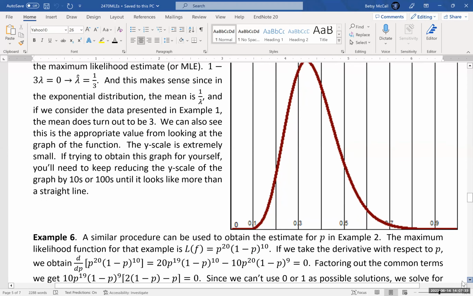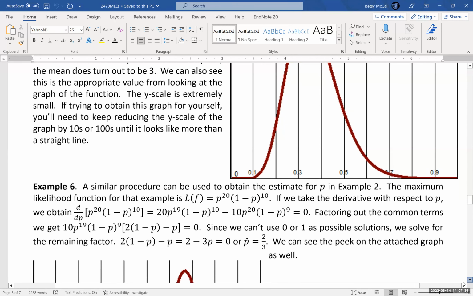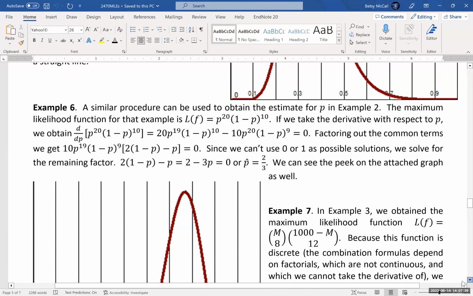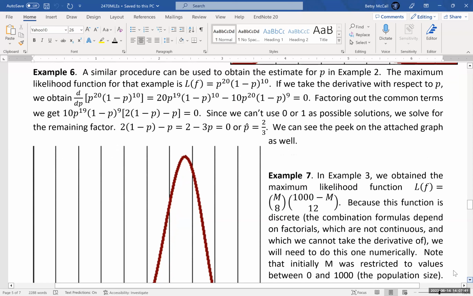Same thing for the function that we talked about, the second one that we set up last time, this was our binomial example. We ended up with our maximum likelihood function being p to the 20, 1 minus p to the 10. And if we take that derivative with respect to p, because that's what we want to find the maximum value of, where is this probability maximum?